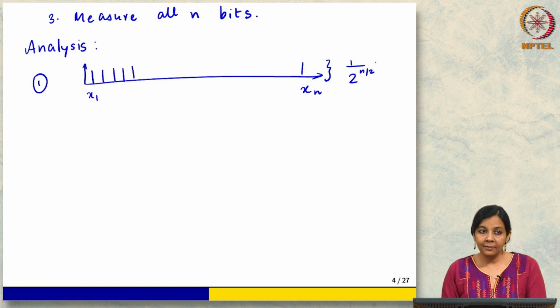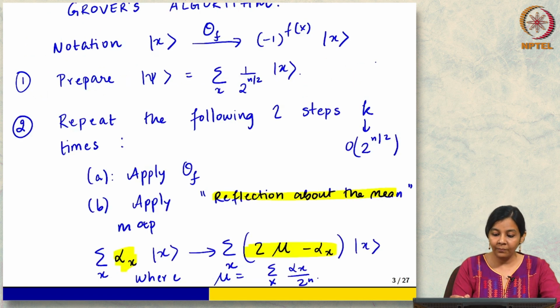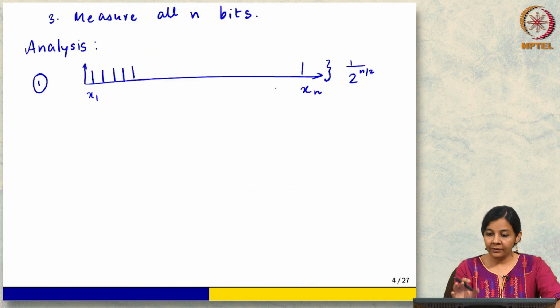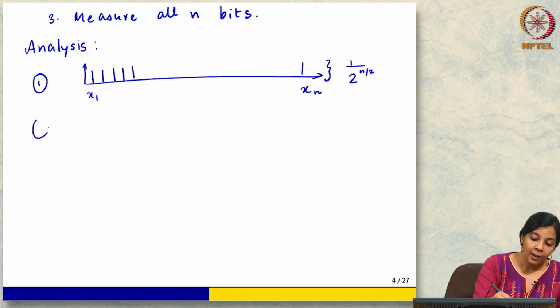Does everyone agree? This is just from the first step. I am preparing psi, which is this. It is a uniform superposition, so the amplitude is equally distributed. Everyone agrees? Okay, very good.